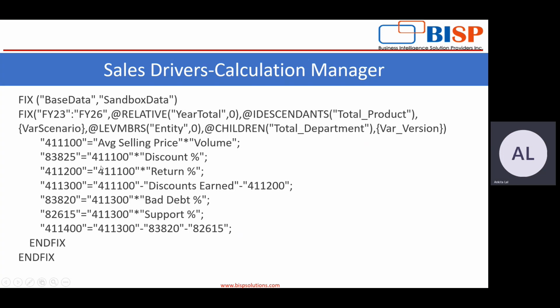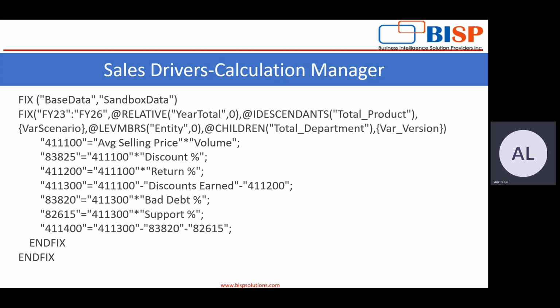Then the sales revenue is multiplied with the discount percent to get the discount earned, then the discount paid, then the returns are calculated. So this is exactly the calculation which I had shown you, written over here. Okay, so this was all about the sales drivers assumptions.